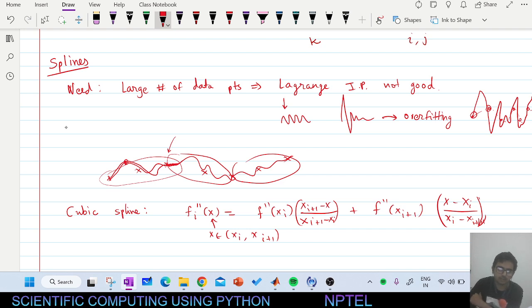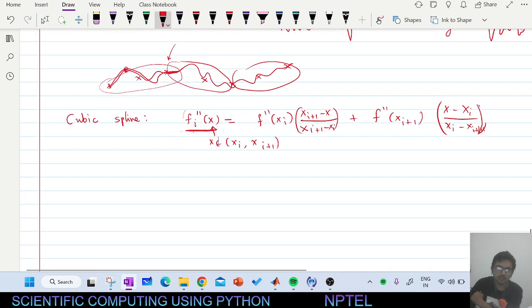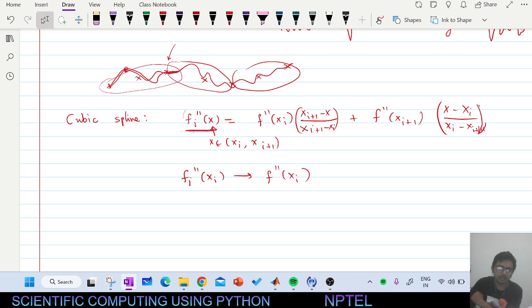Since we are writing this, we are making sure that this is getting passed, right? So f double prime is continuous by definition, because if you put xi in, you get f double prime of xi, the real one. By the way, we have to estimate this.